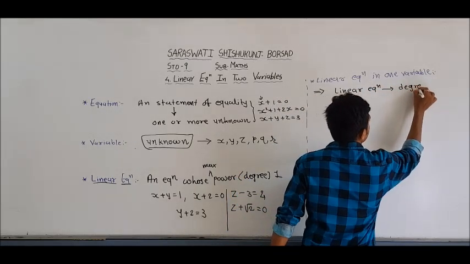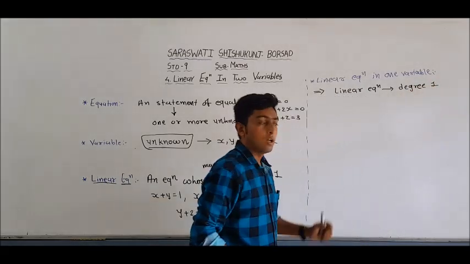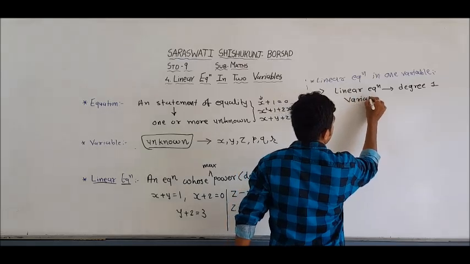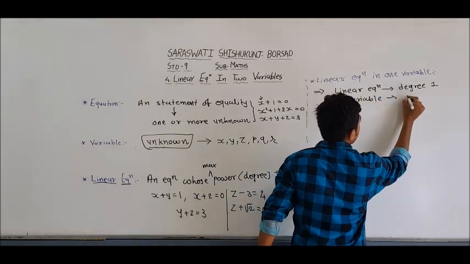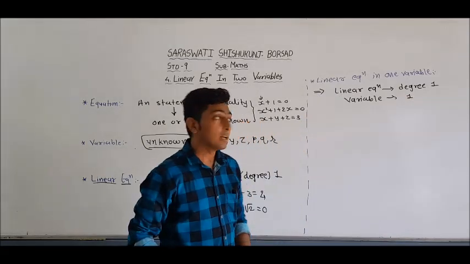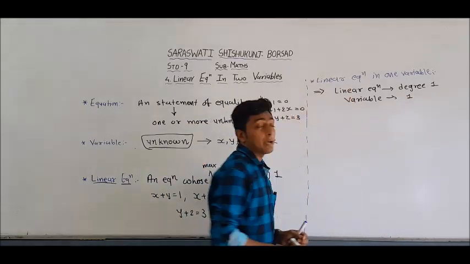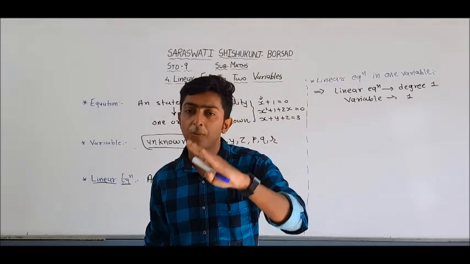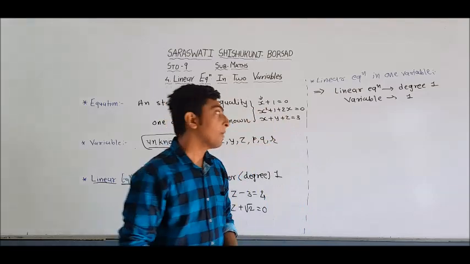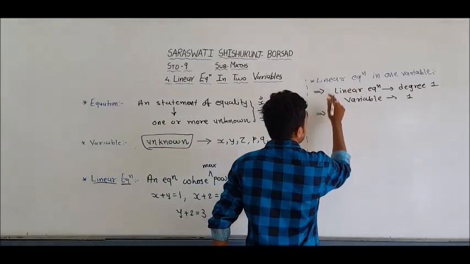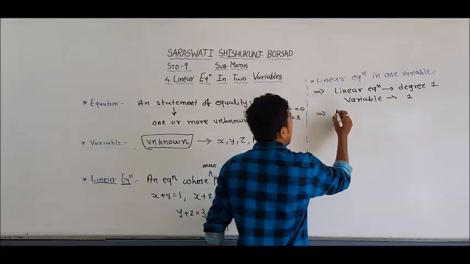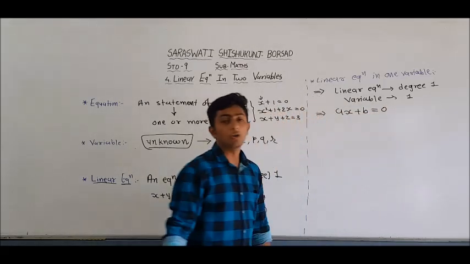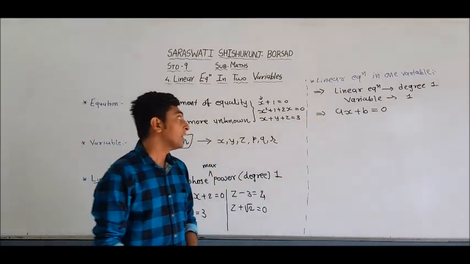In one variable means only one variable is given. So a linear equation in one variable is an equation whose maximum power is 1 and there is only one variable. Or you can say that ax plus b equal to 0 is called a linear equation in one variable.